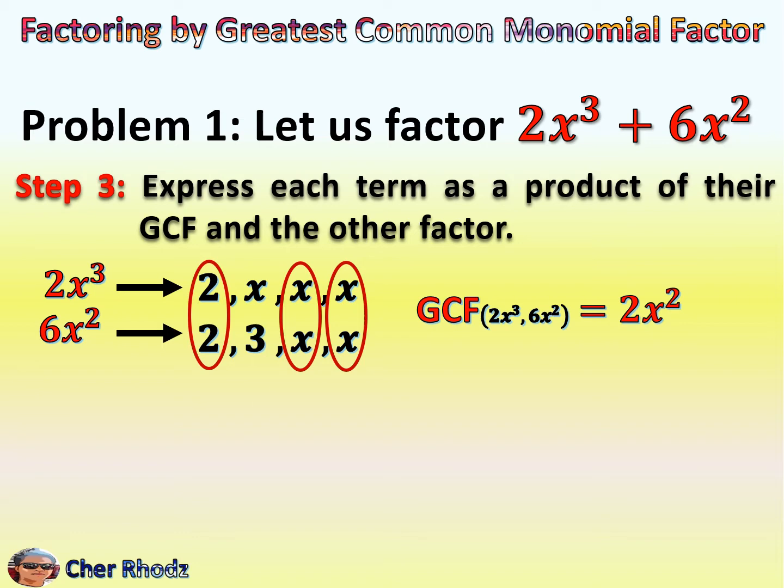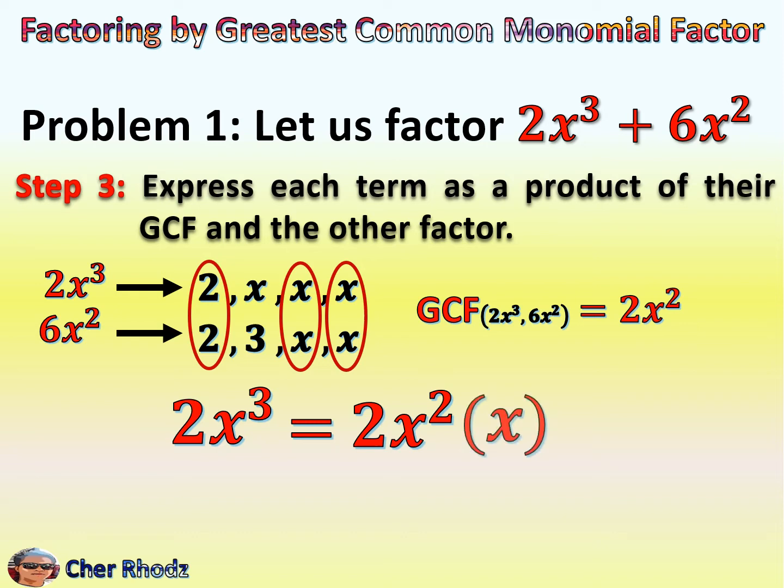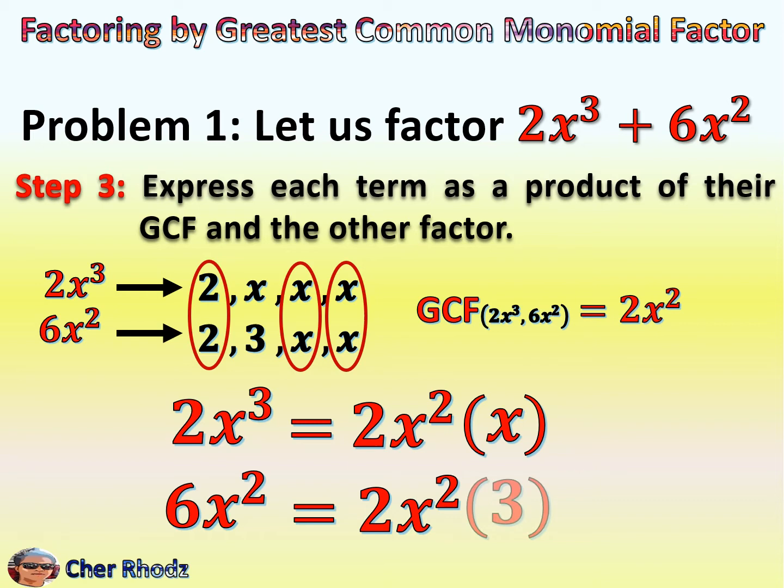Let's first start with our first term, 2x cubed, which is equal to our GCF, 2x squared, multiplied by the remaining factor, which is x. So 2x cubed is equal to 2x squared times x. Let's proceed to the second term, 6x squared. That is equal to the GCF, 2x squared, and the remaining factor, which is 3. Therefore, 6x squared is equal to 2x squared times 3.